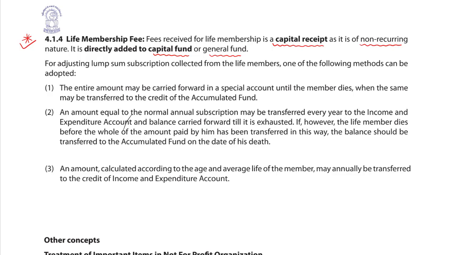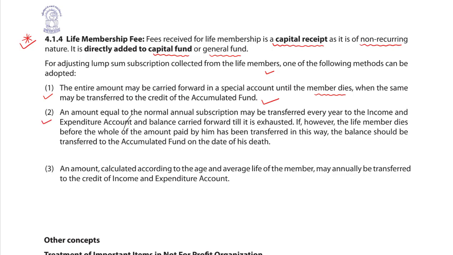For adjusting lump sum subscription collected from the life membership, one of the following methods can be adopted. First, the entire amount may be carried forward in a special account until the member dies, when the same may be transferred to the credit of accumulated fund.